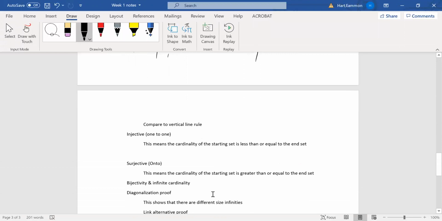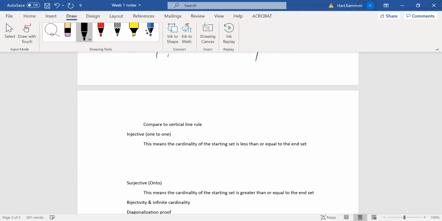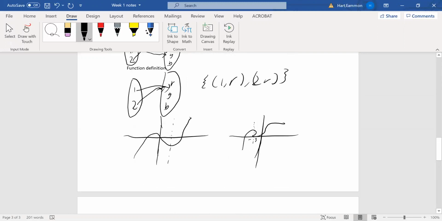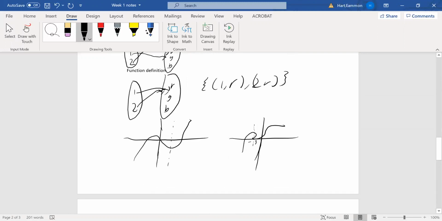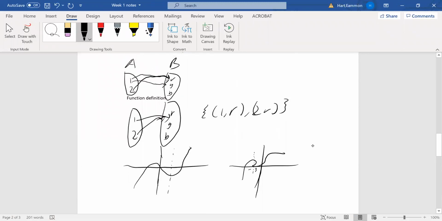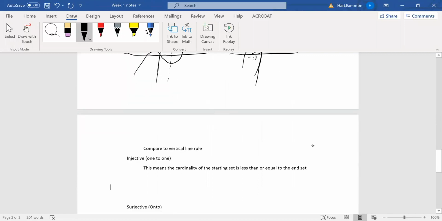So for the most part, we will only work with functions or inverse images of functions. That means that we won't be dealing with general mappings terribly often.